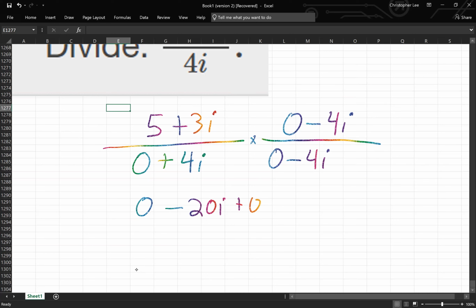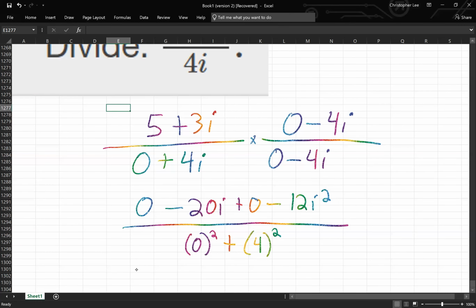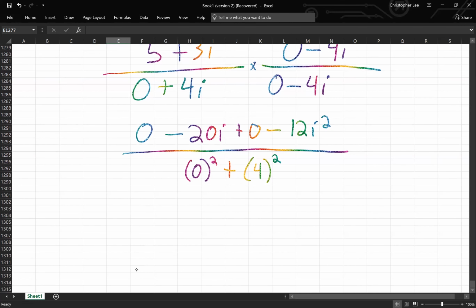And 3i times -4i is going to give me a -12i squared, all over 0 squared plus 4 squared.